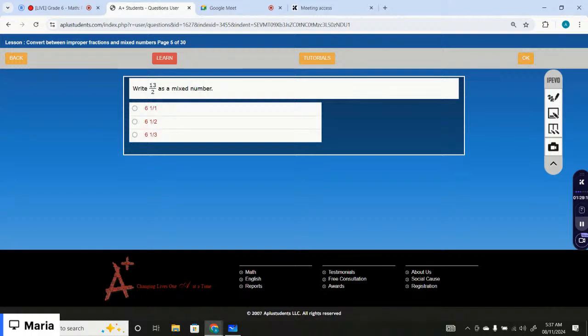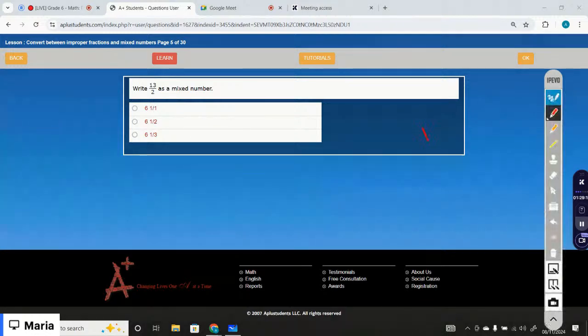Write 13 by 2 as a mixed number. So how do we write the fractions as a mixed number? Like you have 13 by 2. So divide 13 by 2. 2 times 6 is 12 and 13 take away 12 is 1. So the correct option is 6 whole 1 over 2. Got it?